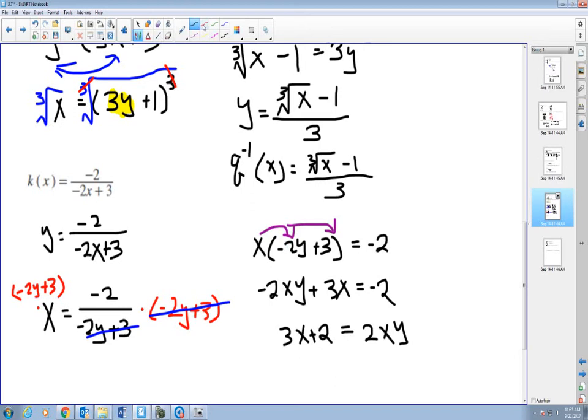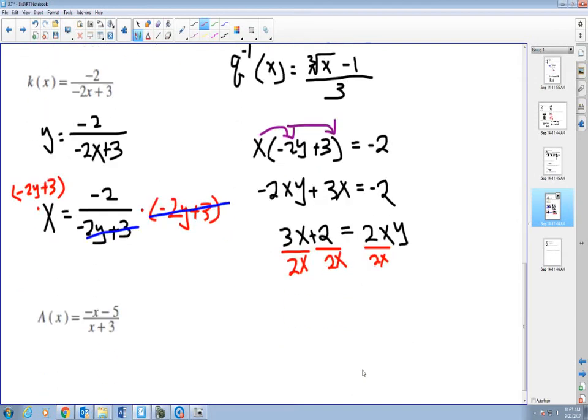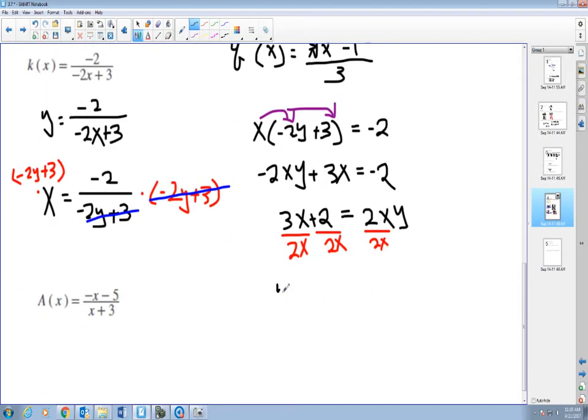Now to get y by itself, I will divide every term by 2x. In that case, my y will equal 3x over 2x, the x canceled out, so that'll just be 3 over 2. I'm going to put it on the back side.